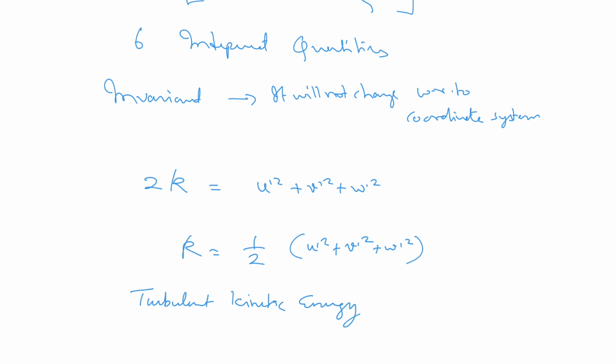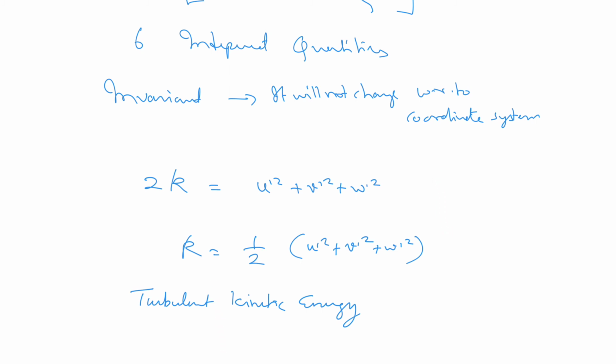Initially we started with capital U square and we discussed that that is the kinetic energy of the mean flow, and since it is U dash here, we can infer that this is the kinetic energy of the fluctuation or fluctuating velocity component, which is directly related to the turbulence. If you find fluctuation, it will be signifying turbulence. So this is the turbulent kinetic energy of that particular flow which you consider.